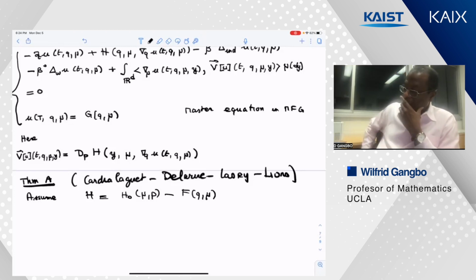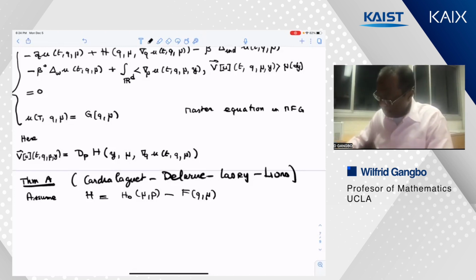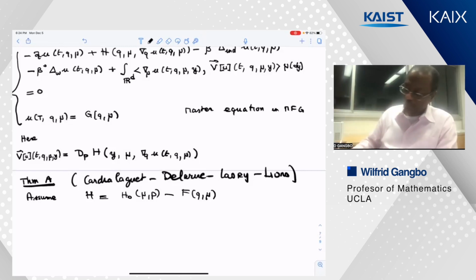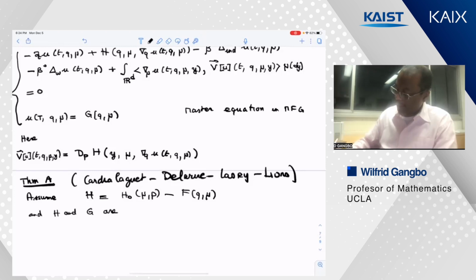So assume you can separate the variable Q and the variable P. And H and G are Lasry-Lions monotone. I am going to come back to this definition.